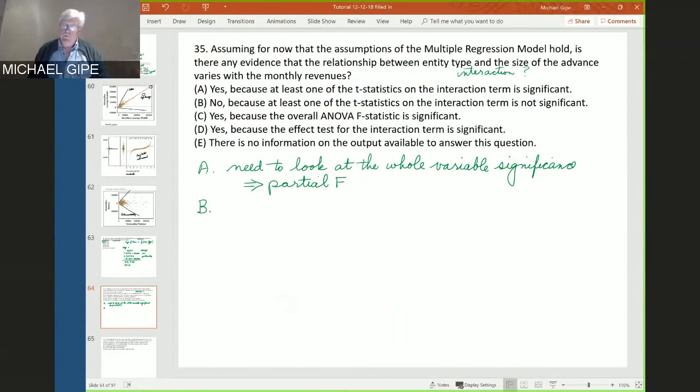How about no? Because at least one of the t-stats on the interaction term is not significant, same as A. We need to look at the whole partial F for the variable as a whole.